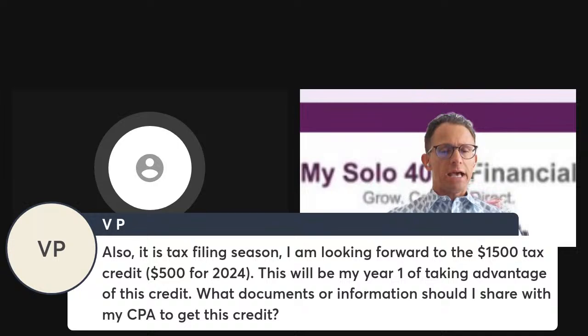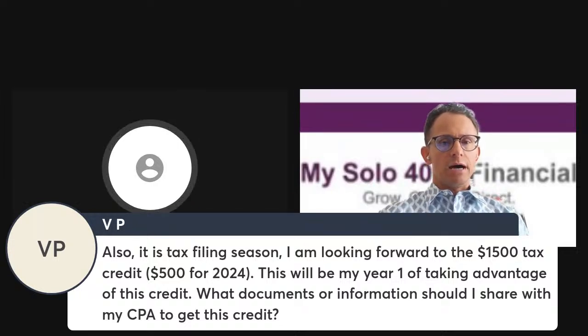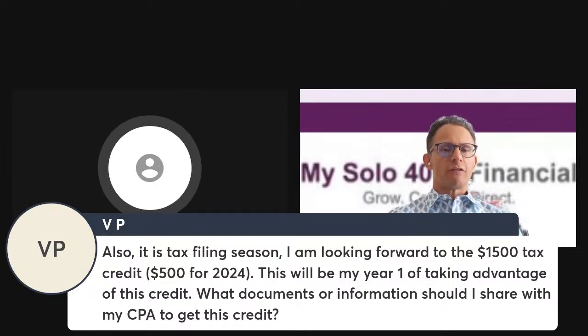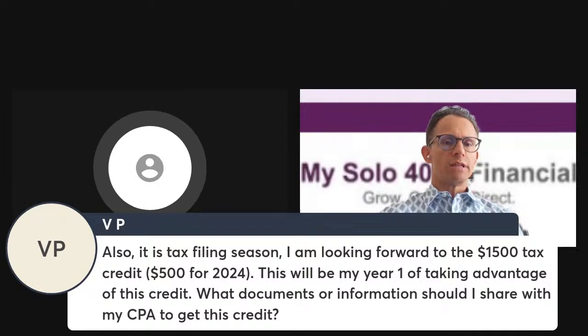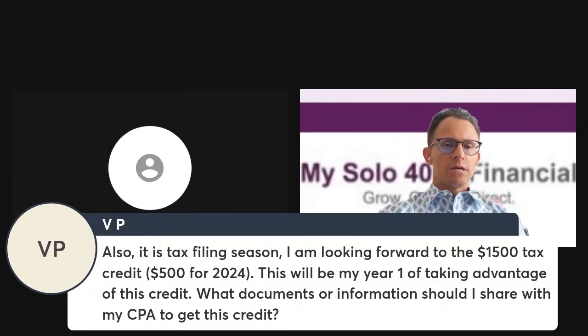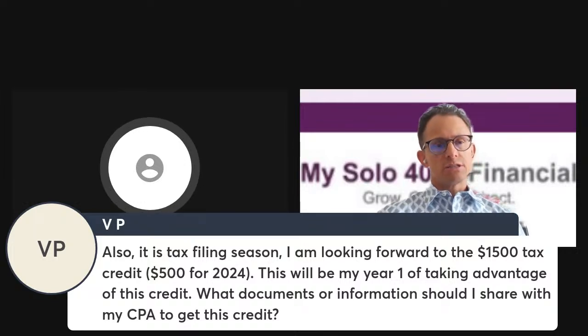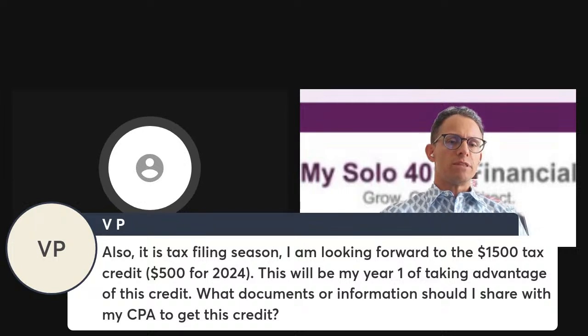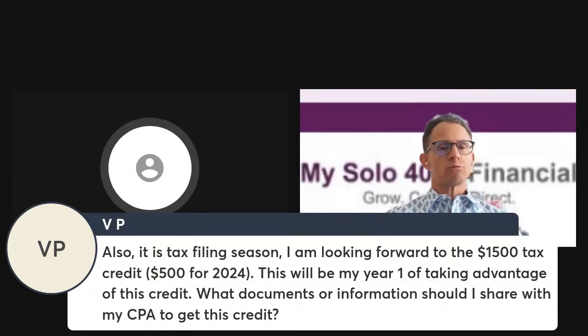If you open the plan with us on January 1st or after of 2024, then that contribution credit is built into the plan already. Submit a support ticket and we'll send you information to determine whether or not it's on there already, which it should be if you open the plan after January 1st of 2024.